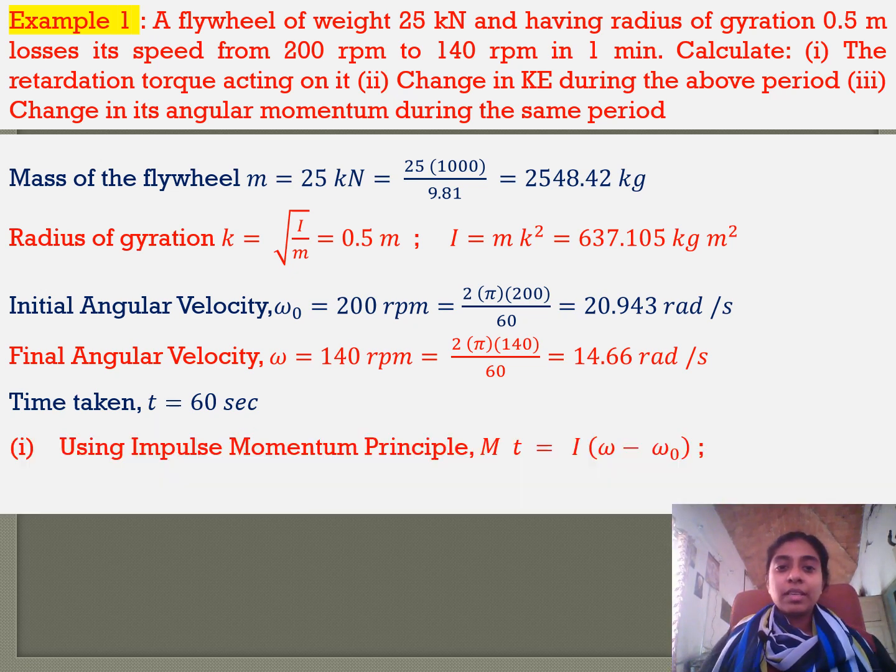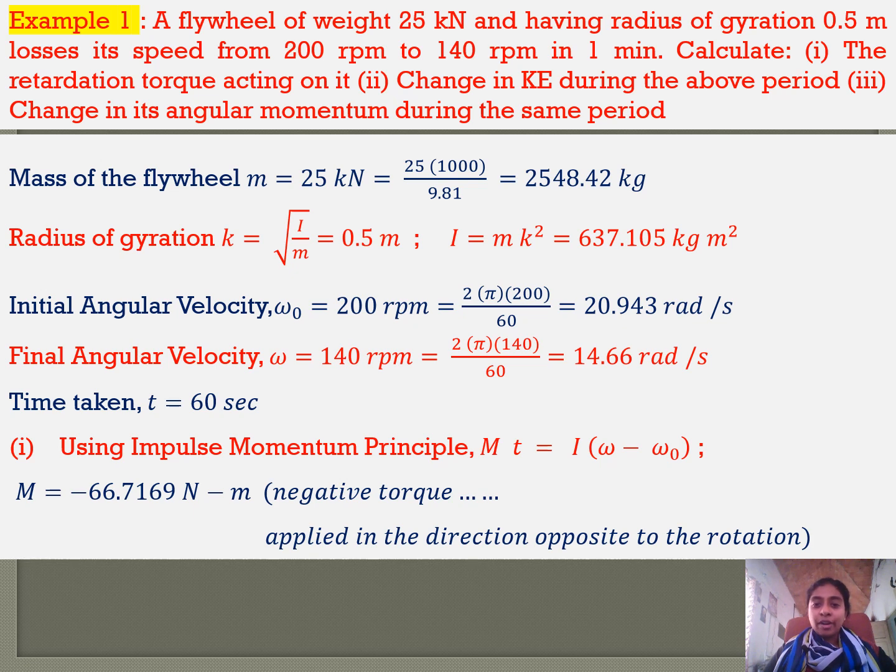Now using the impulse momentum principle, we know Mt, that is impulse, is equal to change in momentum. Mt is equal to I into omega minus omega naught. So from this we get M. See, M is moment. Moment is nothing but torque. t is given as 60 seconds, I is already found out, and we know the values of omega and omega naught.